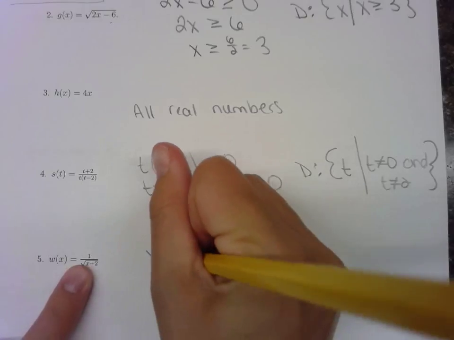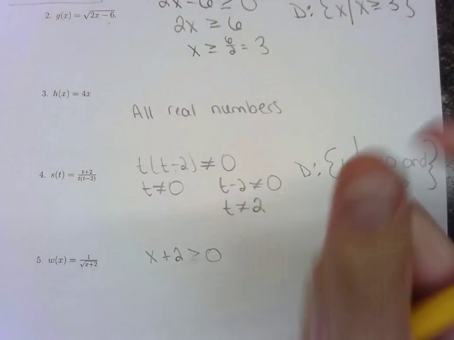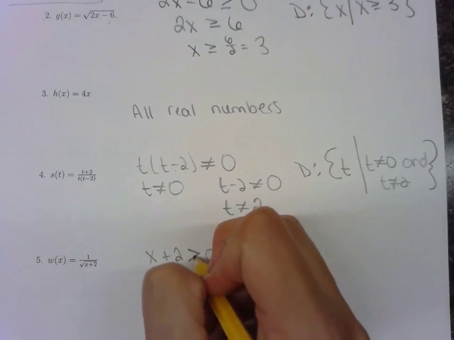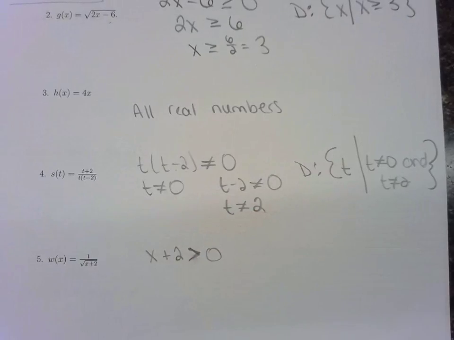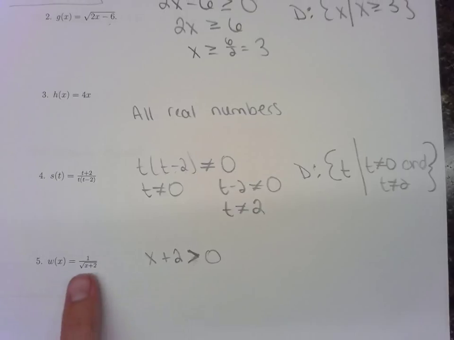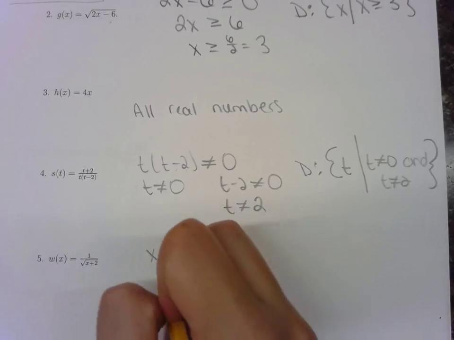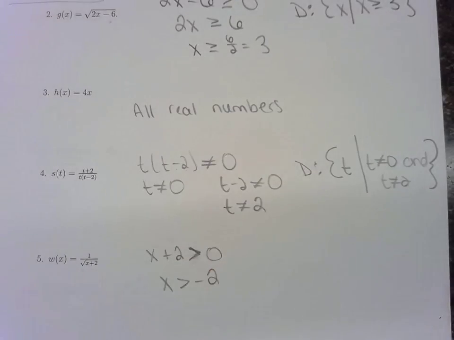So let's erase the equal to part. So underneath the root, x plus 2, just needs to be greater than 0, not greater than or equal to. The only reason I deleted the equals to was because of our rule for denominators. Get x by itself, x needs to be greater than negative 2.